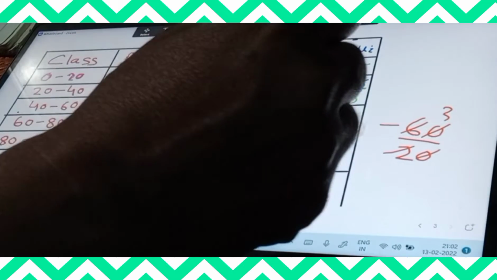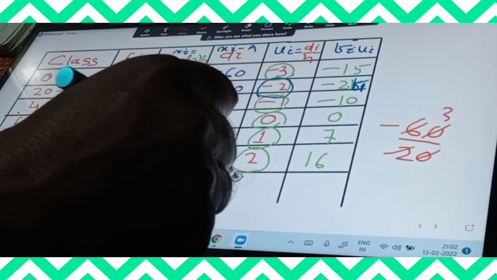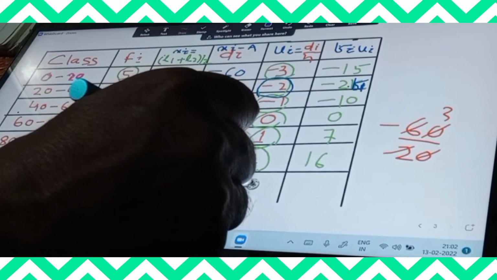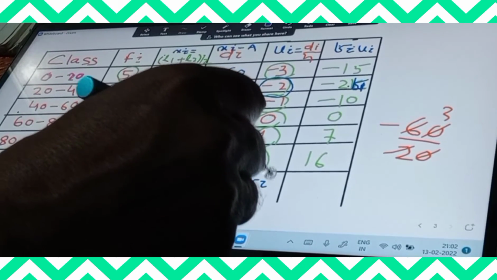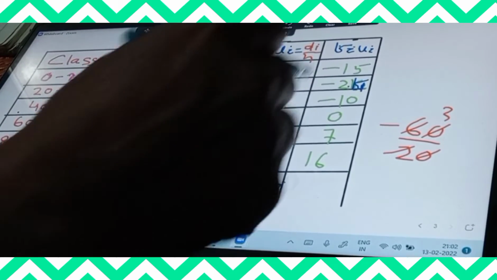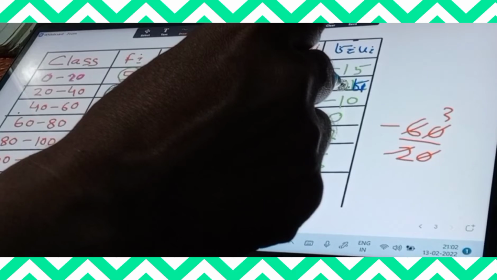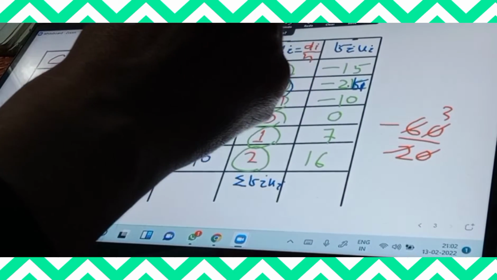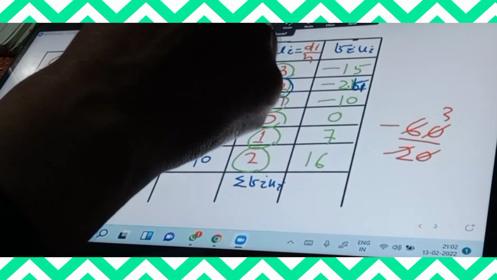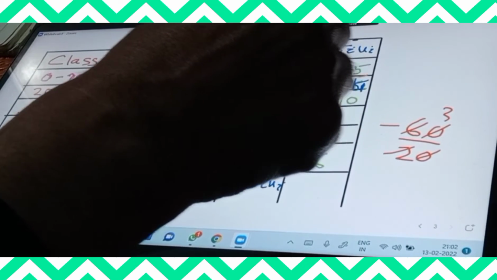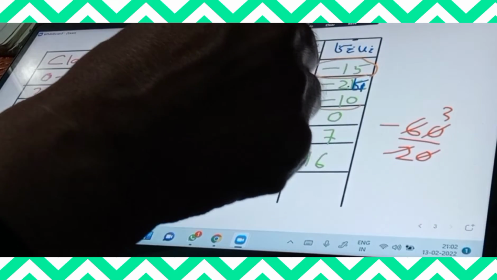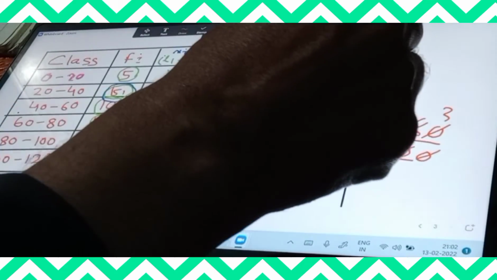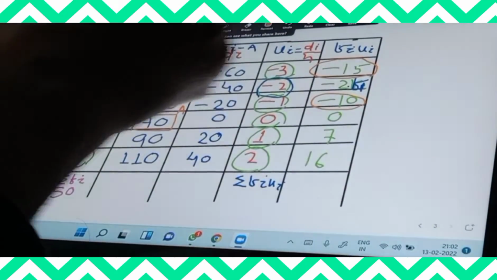Then to find the summation of fi ui, you add all these column numbers. You see minus 2f1, and here minus 15. Look once again, see clearly: minus 15 and minus 10 is minus 25.